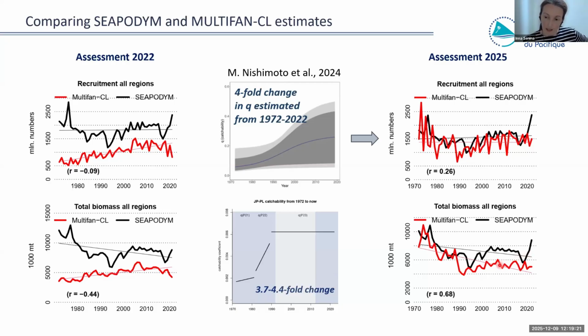And an interesting bit that I wanted to share here is that the change that occurred in the MULTIFAN-CL assessment is that they now took into account the effort creep of the Japanese pole and line fishery, which was demonstrated in earlier work, with a fourfold change in catchability estimated.